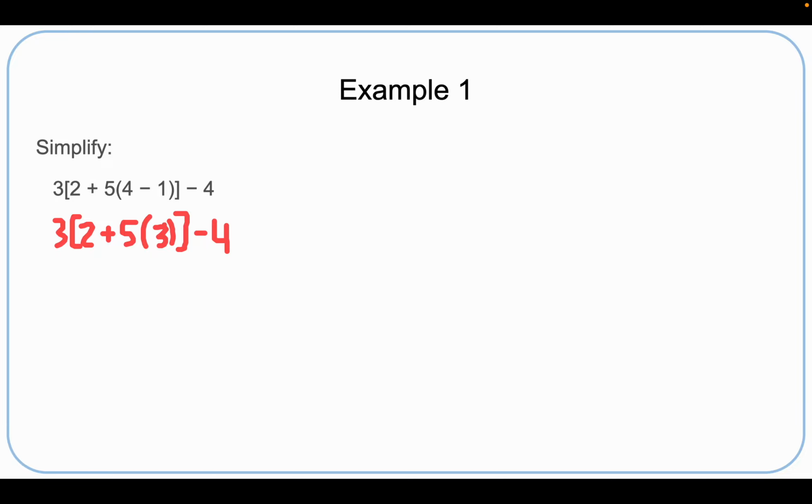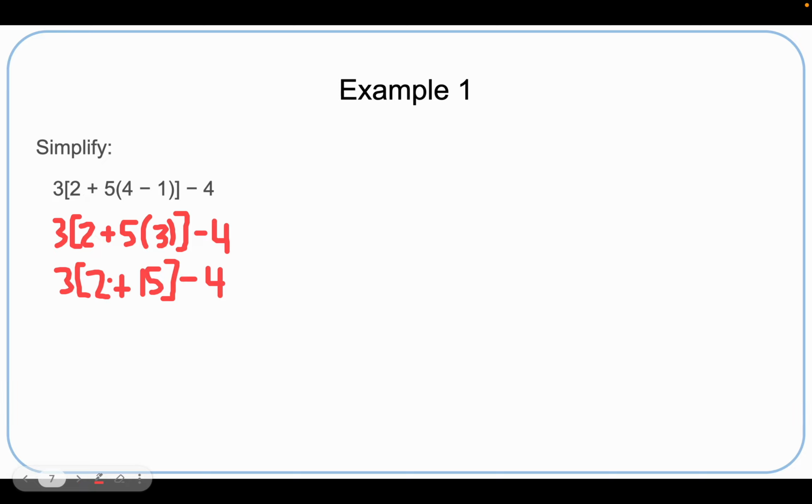Okay, and now we work our way out to the next set. So here we would have our multiplication, 5 times 3. So here we're left with 2 plus 15 inside the brackets. Everything else stays the same for now.